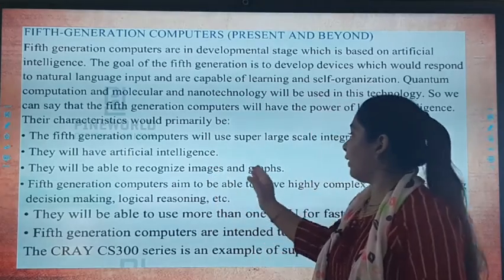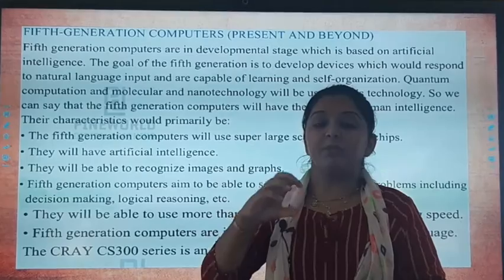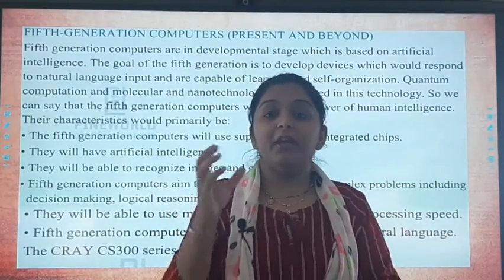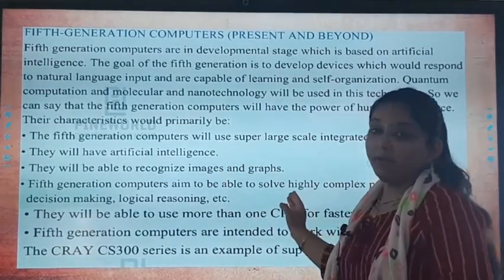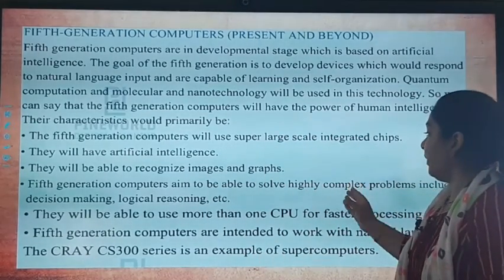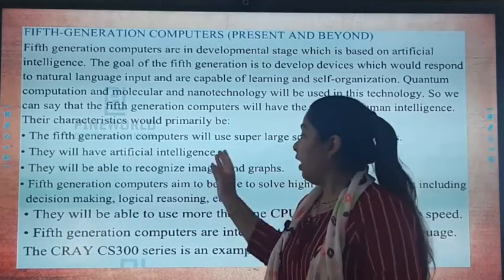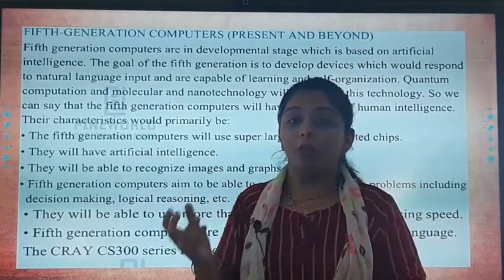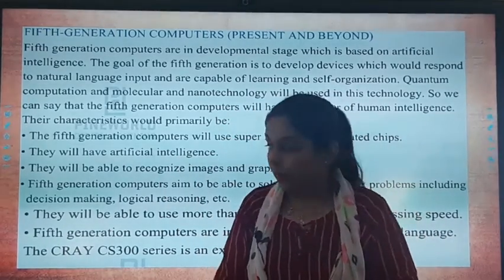They will be able to recognize the images and graphs. They will be able to see and identify all the images and graphs as well. Fifth generation computers aim to solve highly complex problems including decision making, logical reasoning and so on.